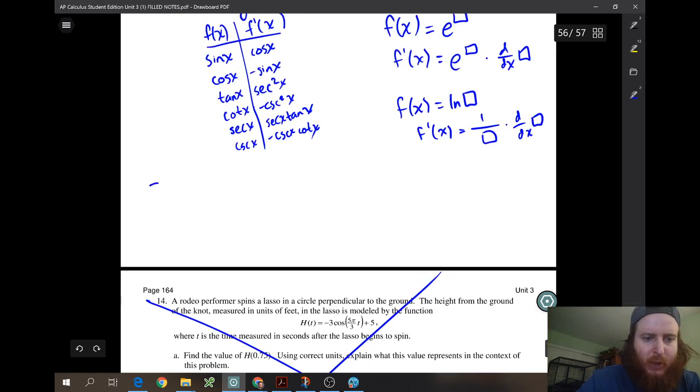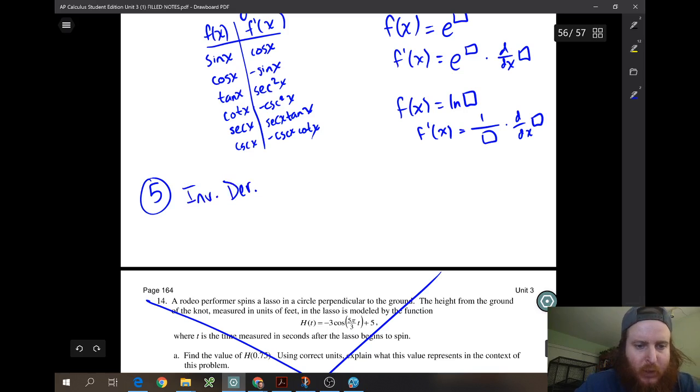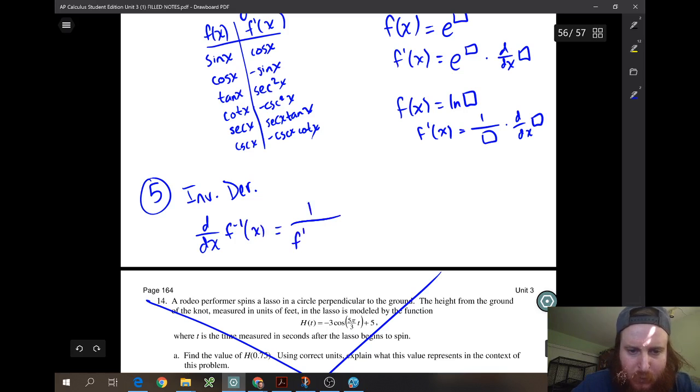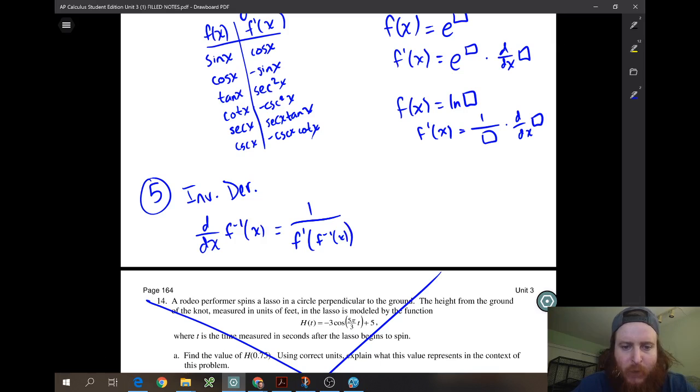Okay, next thing we need to have memorized is the inverse derivative, which is kind of the weird one. The derivative of our inverse function is equal to 1 over f prime of the inverse function. So that was that rule. Review those notes if you need to.